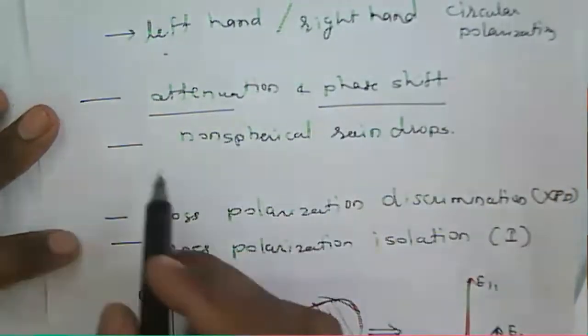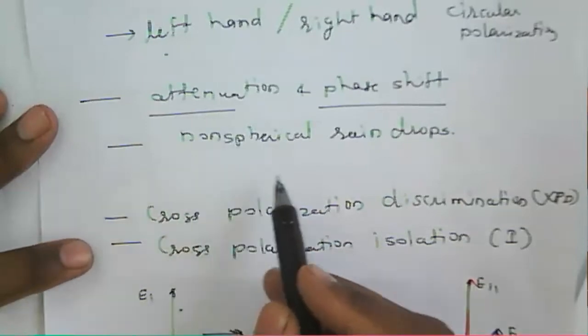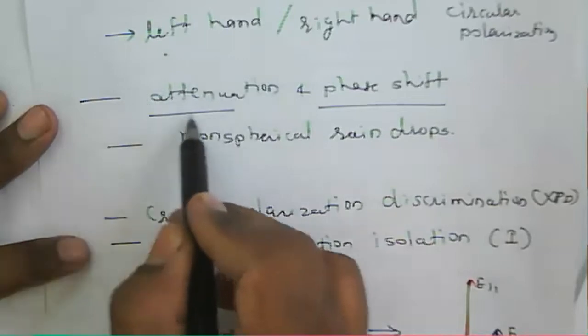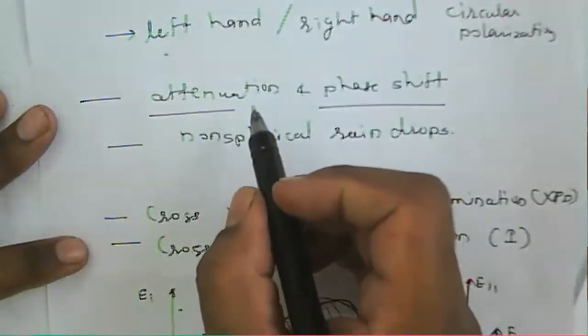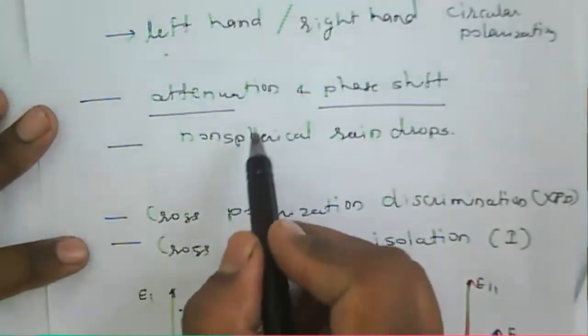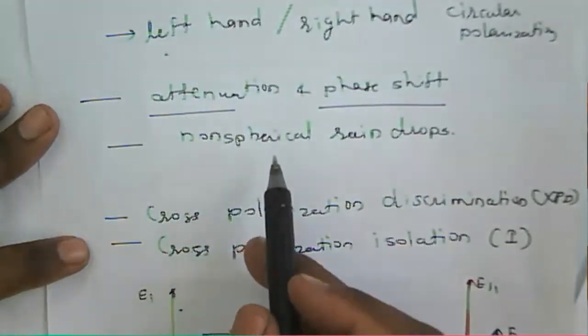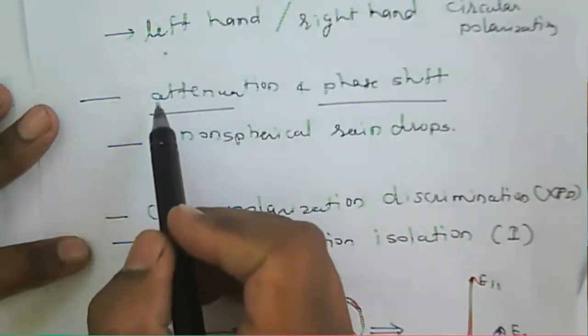But in the case of depolarization loss, if we increase the transmitting power, the received power can be increased. But in the case of the cross polarized component, or the depolarization loss, that cannot be compensated by increasing the transmitting power.